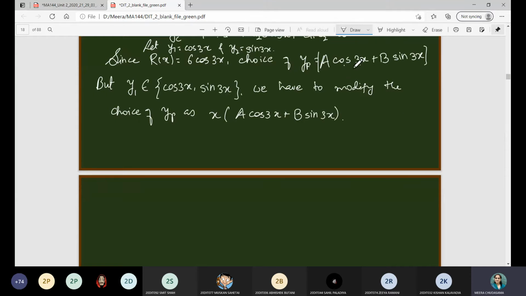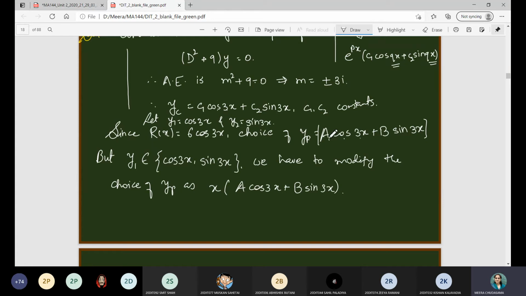Remember, here the entire choice is this combination. That is why we have multiplied the entire quantity with x, right? If only one function repeats, then we multiply only its corresponding choice by x. But here the right hand side has the cos function, whose full choice involves both functions, so for both we multiply by x. So now you have yp, you can find the first and second order derivatives.